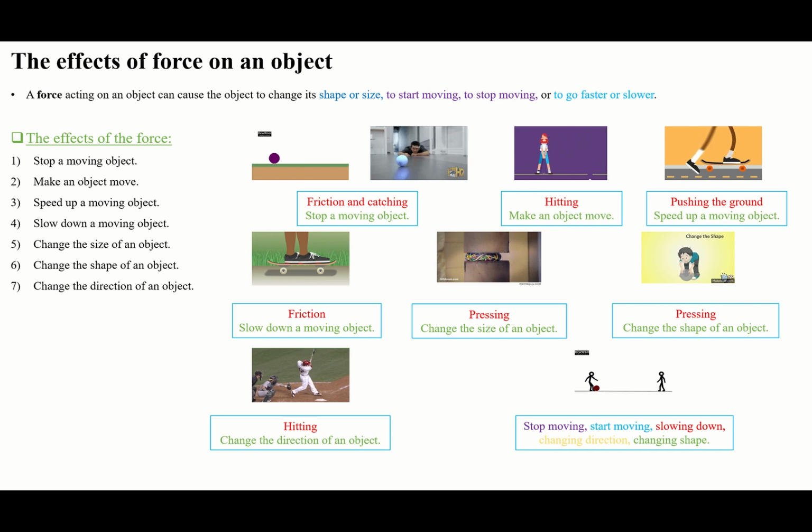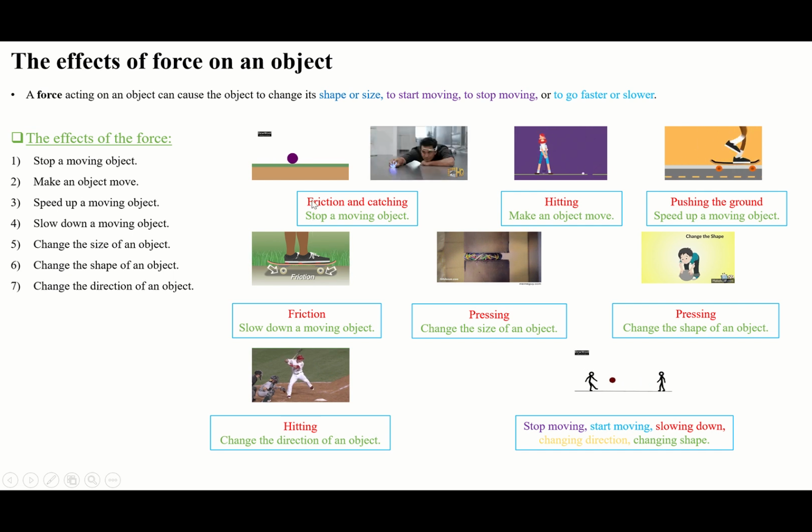Force can speed up a moving object, or slow down a moving object, or change the size of an object, or change the shape of an object, and change the direction of the object, right? So we have different things that can happen to the objects around us, all because of the forces.